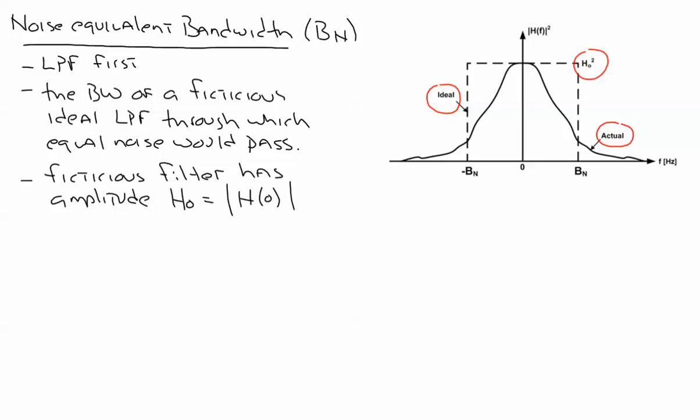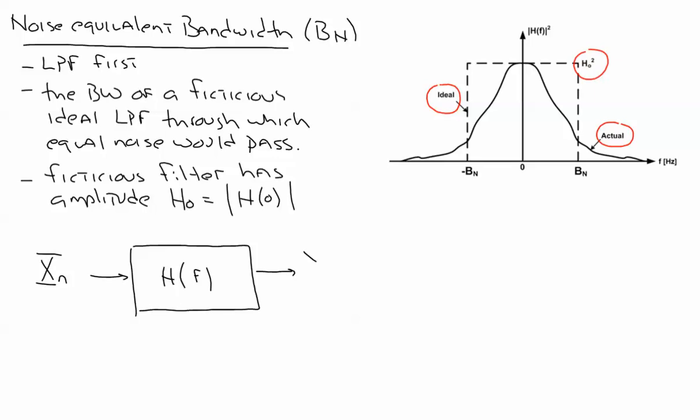That's what that means. So let's write down the power spectral density at the output of such a filter. Maybe we can just draw this a little bit here. What I've got is a noise process at the input and a filtered noise process at the output.